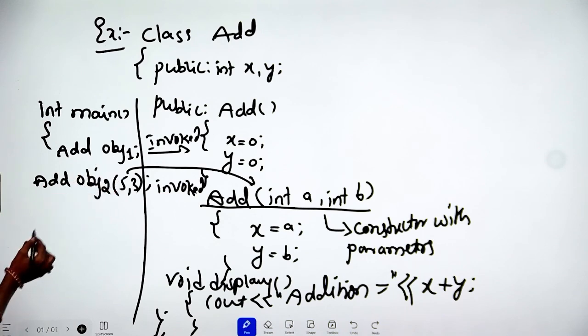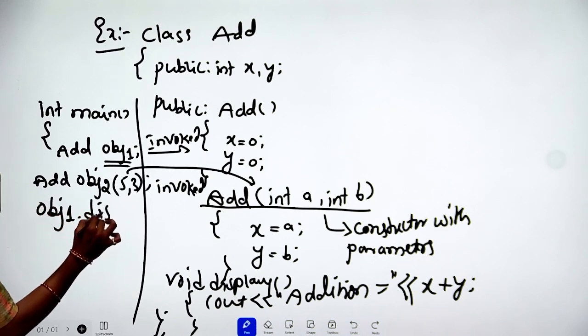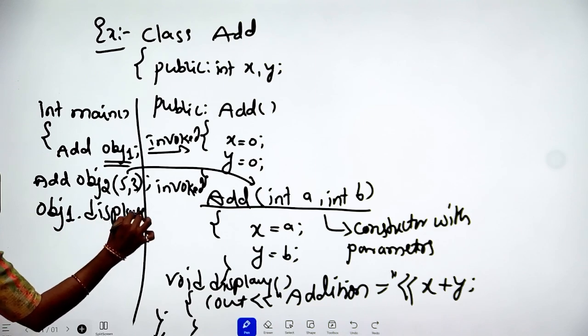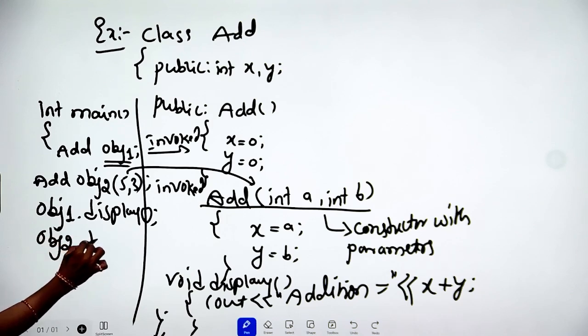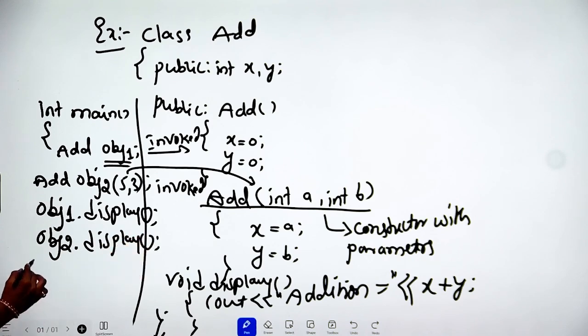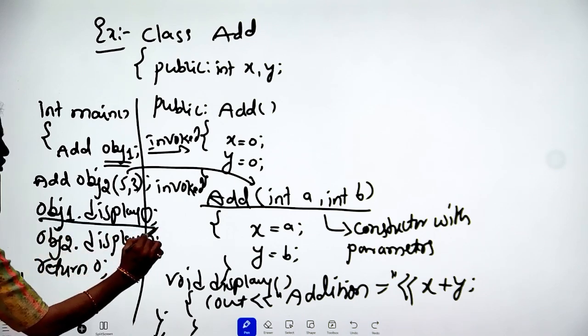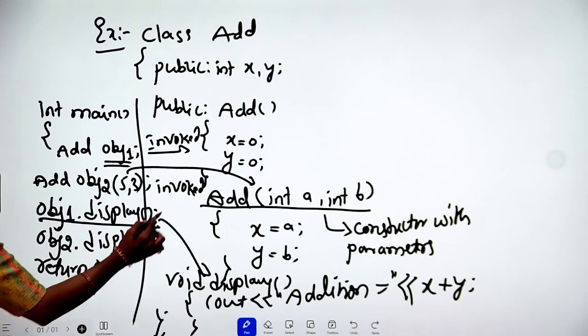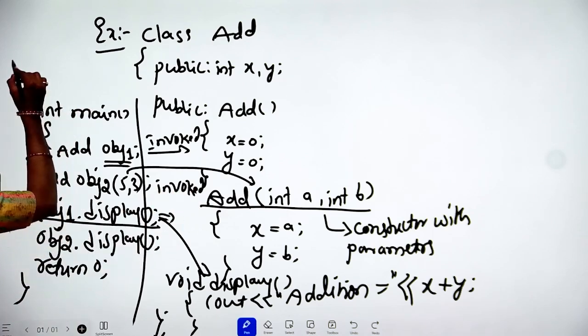Now, if I call object 1 dot display, I'm calling the method display of the class. We need to call it through the object, so object dot display, where the x and y values are shown.